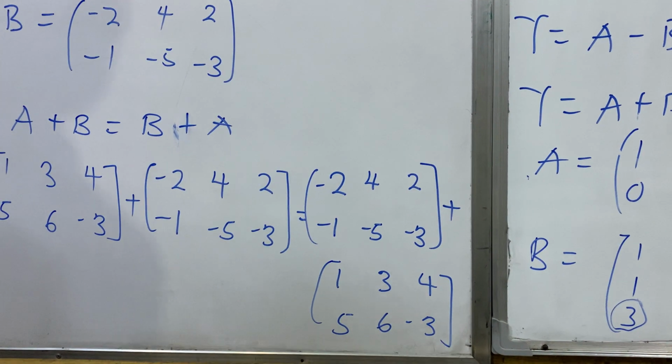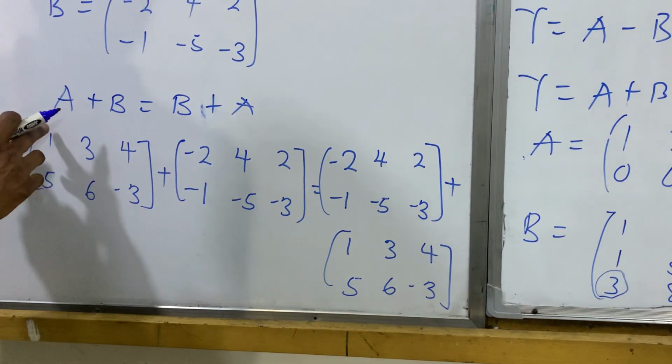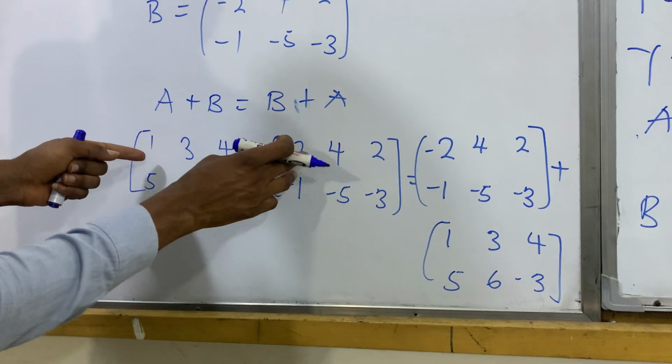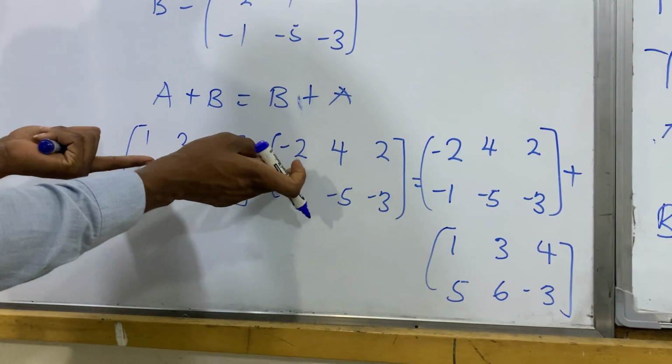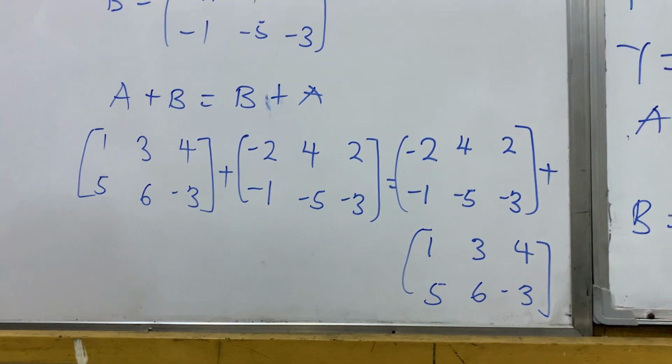What we want to say is that when we add this and this, and add this and this, the first element should be equal to the summation. Whatever element value you get when you sum this and this, it should be the same as when you add this and this together. So let's prove and see.